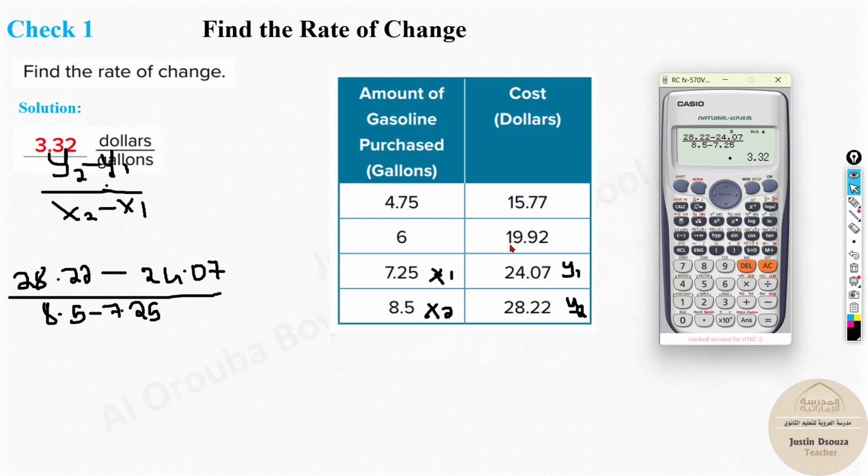Now you can change these values and try from the first and second or second and third. You will get the same answer everywhere. It does not change. Over here you can see everywhere 3.32 is added in the y section for 1 x value. That's the dollars per gallon. So for 1 gallon you have to pay $3.32.